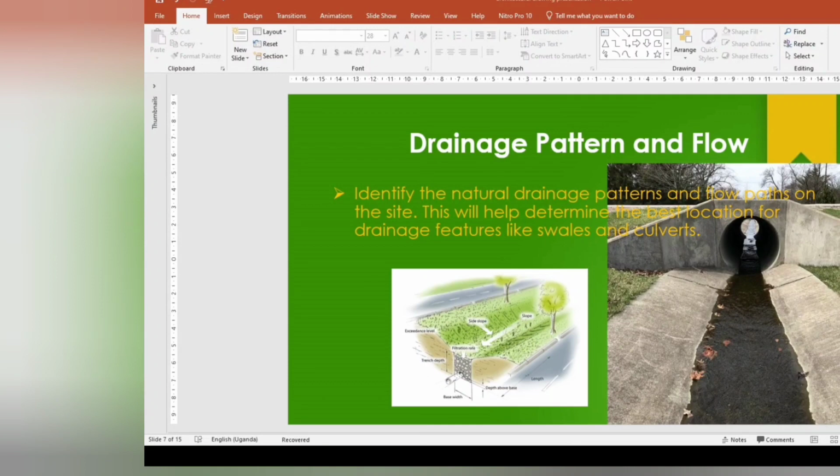So this will also help you to avoid accidental damage during the excavation, because you may find that a certain pipe, let's say for gas, passes underneath your site, maybe in the process of excavating the foundation. To avoid accidental damage during excavation or installation of drainage components, you have to first study the utility lines that you may encounter on your site.